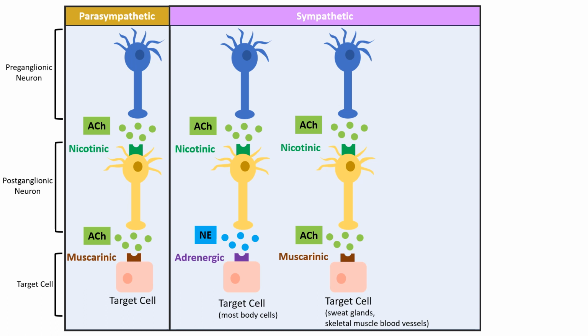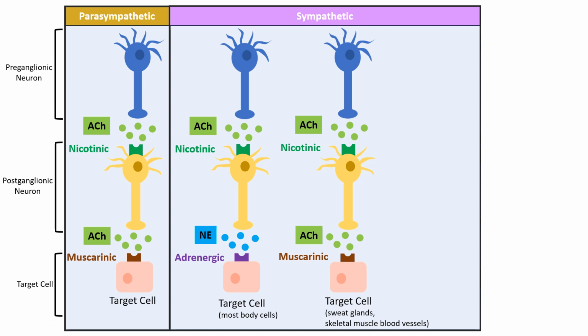Out in the body, if a cell has an adrenergic receptor on it, it can engage with the neurotransmitter. But if you are a sweat gland or a skeletal muscle cell, then you're going to be stimulated with your muscarinic receptor by the acetylcholine that gets released by this second scenario in the sympathetic division.